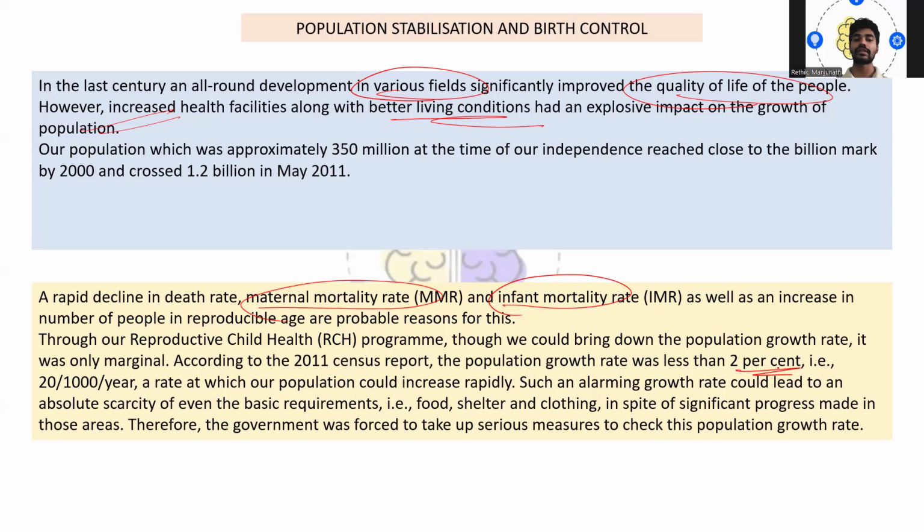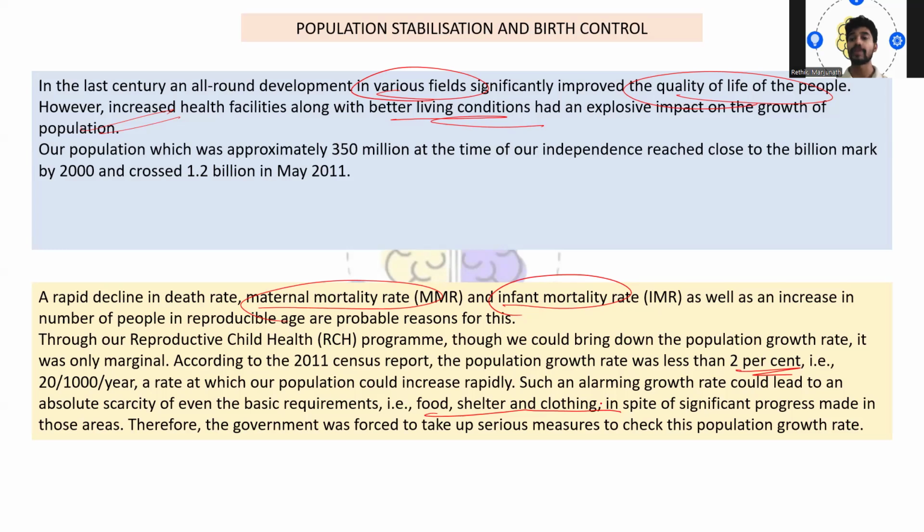One thing is that we have been getting many advantages regarding the health sector as well as the government sector, everything. This will ultimately lead to scarcity of even basic requirements such as food, shelter, clothing and so on. Therefore, the government was forced to take up some serious issues. See, in the classroom, if I have only two chocolates and there are 20 to 40 students, how will I equally distribute them to all 40 students?